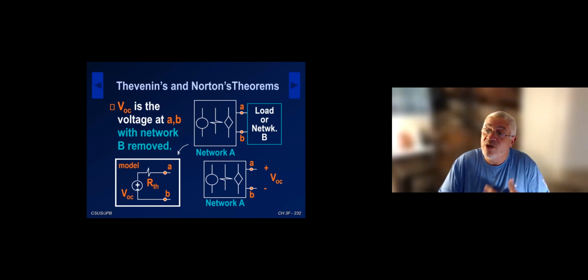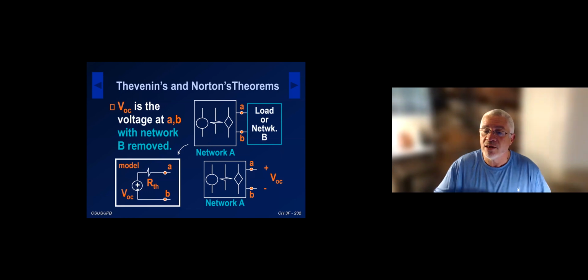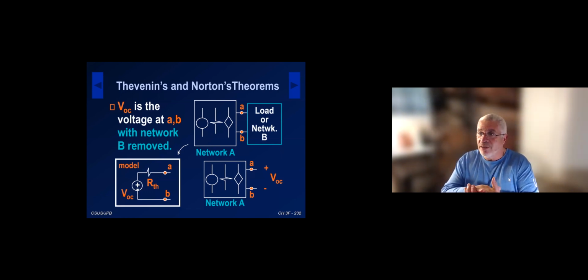So this is why we spend so much time developing proficiency and skill in mesh and nodal, because right now you're going to see I'm overlaying the Thevenin circuit, the Thevenin model. But once you look at the model and you need to find VOC, you go back to doing a nodal or mesh analysis approach to the problem here.